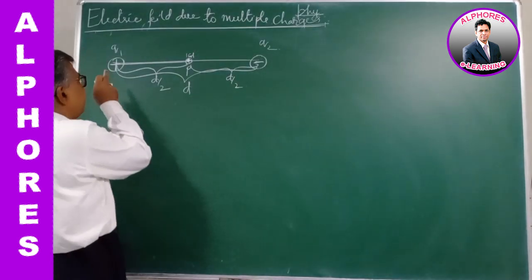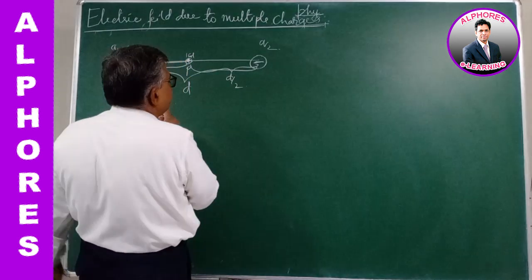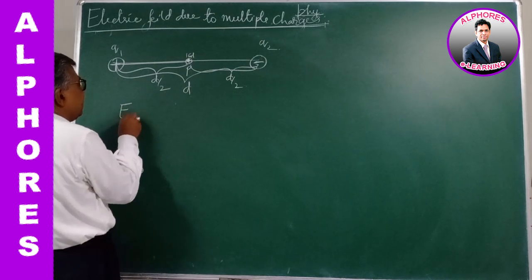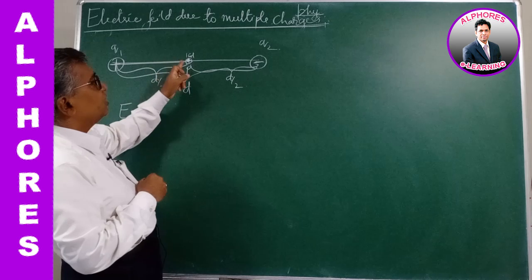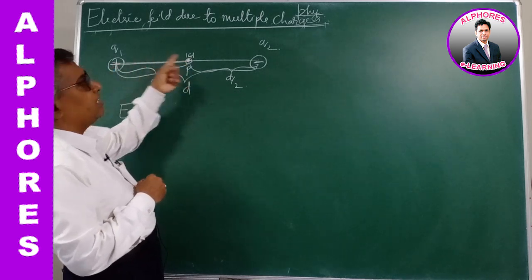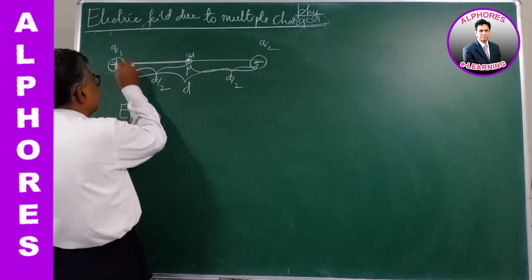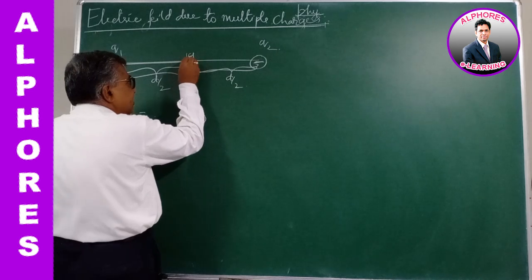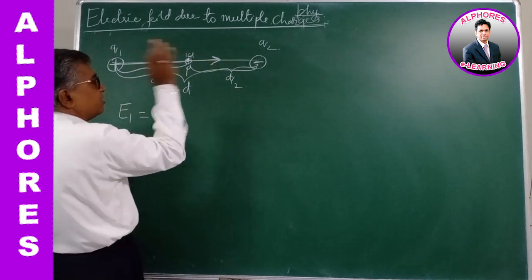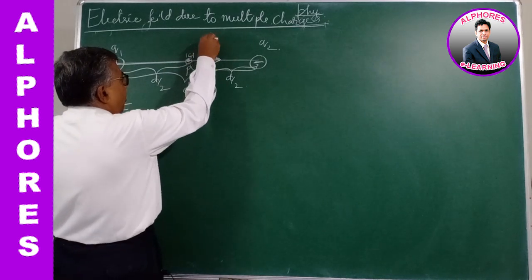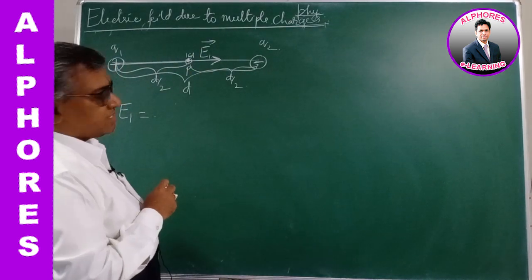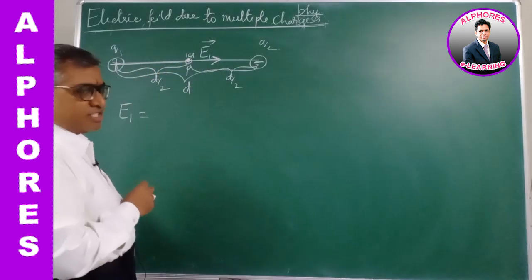Then the field due to Q1 at this point is E1. Now the direction of the field: since this is a positive charge, the unit positive test charge will be repelled by this charge. So the force experienced will be repelling. The field due to this charge will be E1 bar like this, in the direction away from the charge.